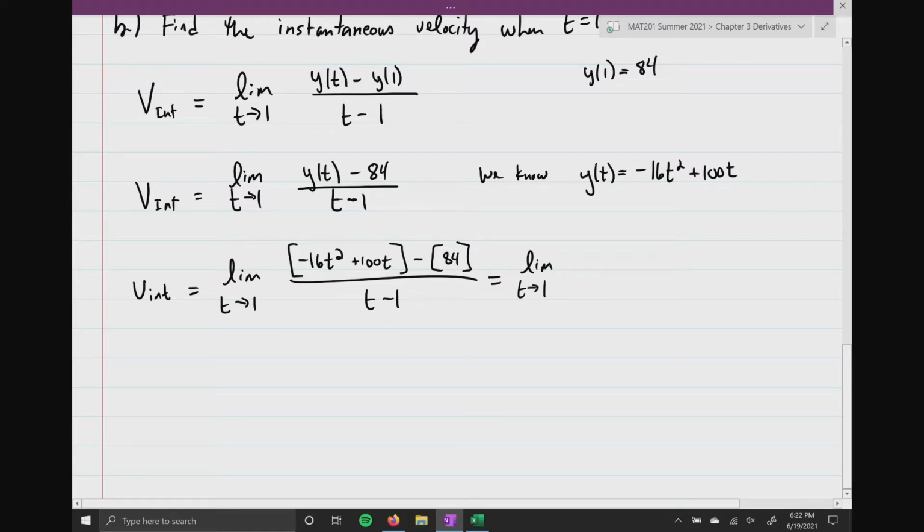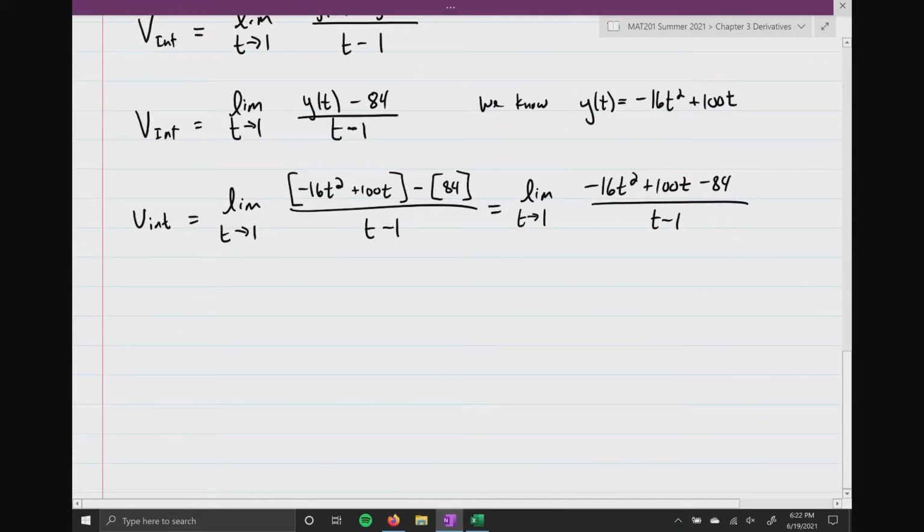The number one mistake students will make is that little minus sign. They won't distribute it to the second part of this formula if you didn't simplify it initially. So just be extremely careful. That's why I put brackets and parentheses around any type of substitution I make. So this is just going to give me in the numerator negative 16t squared plus 100t minus 84, all over t minus 1.